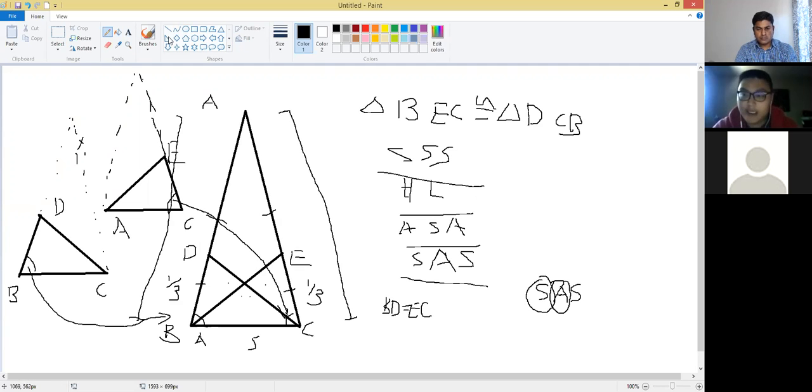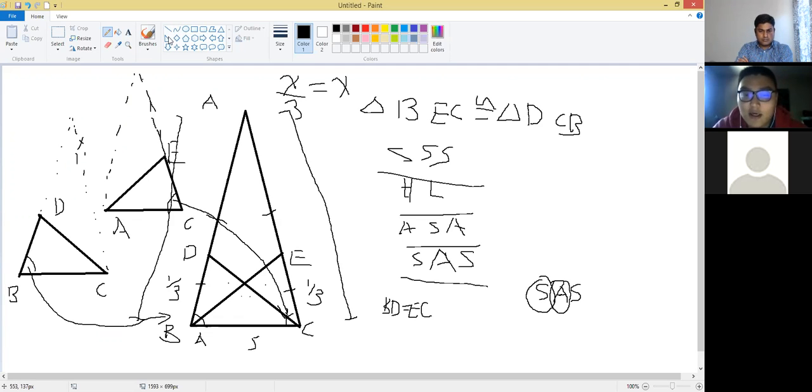Step 3 is the tricky part. How do we know DB is equal to EC? Because AB equals AC. Therefore, 1/3 of AB equals 1/3 of AC. Let's say AB is X, and AC is equal to AB, which means AC is also X. And we know BD is 1/3 of AB, which means X over 3.